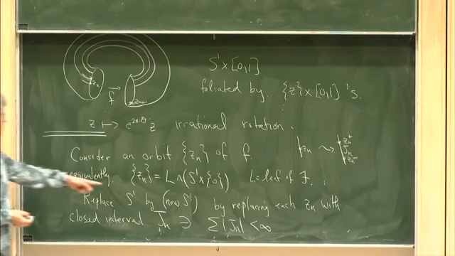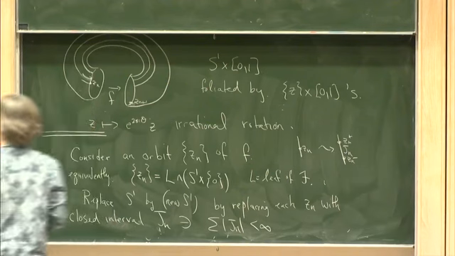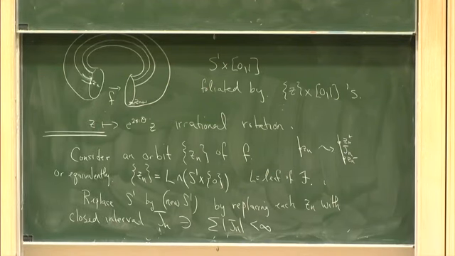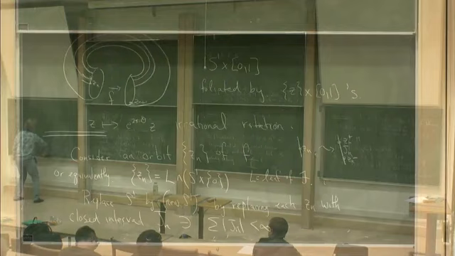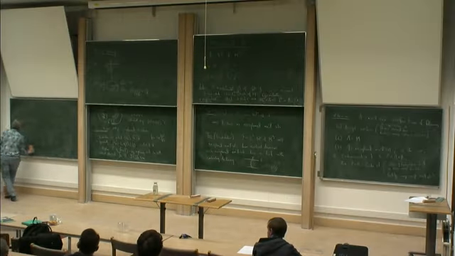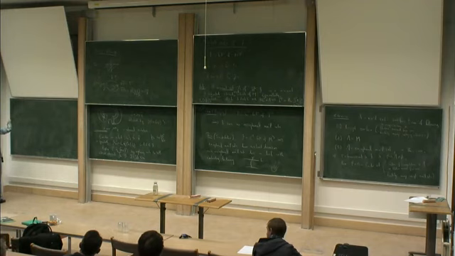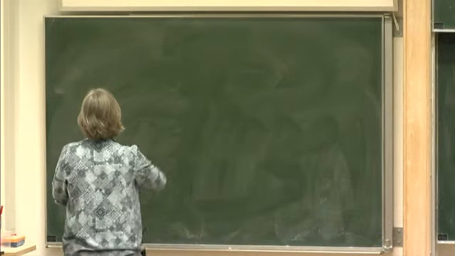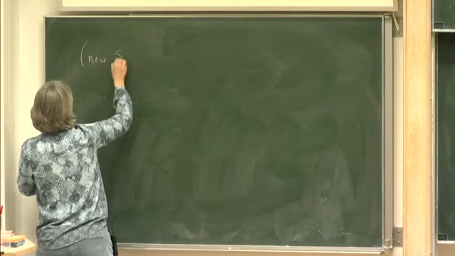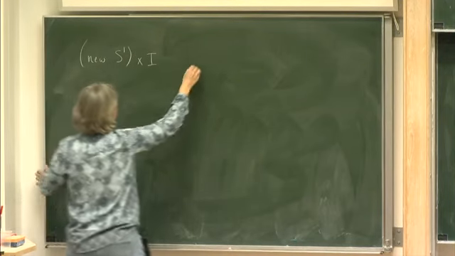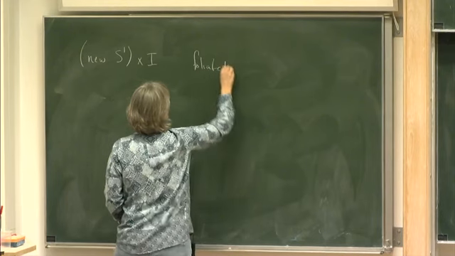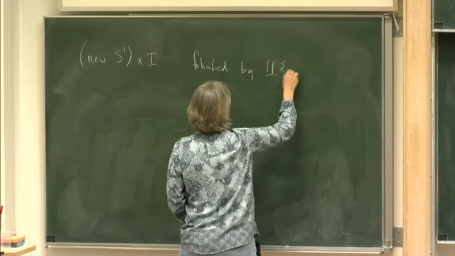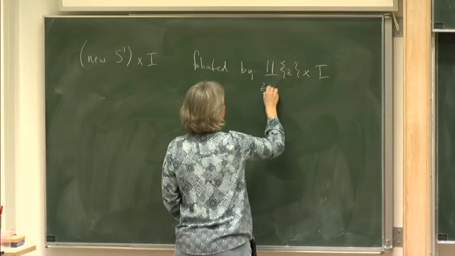So I've got this new S1, so I can think about new S1 cross I. And if something wasn't blown up, I just have the interval as before. If something was blown up, then I'm going to have an interval's worth of leaves. So I'm going to have my new S1 cross I again, foliated by Z cross I, Z in the new S1.